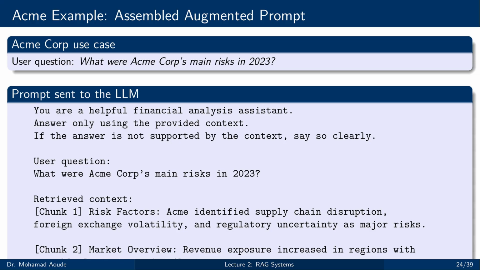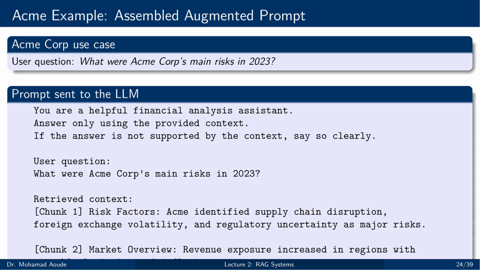Let us now apply the same structure to the Acme Corporation use case. The user asks about the company's main risks in the reporting year. The prompt tells the model that it is acting as a financial analysis assistant and that it must answer only using the provided context. The retrieved context includes chunks mentioning supply chain disruption, foreign exchange volatility, regulatory uncertainty, and related market exposures. This changes the model's task significantly.